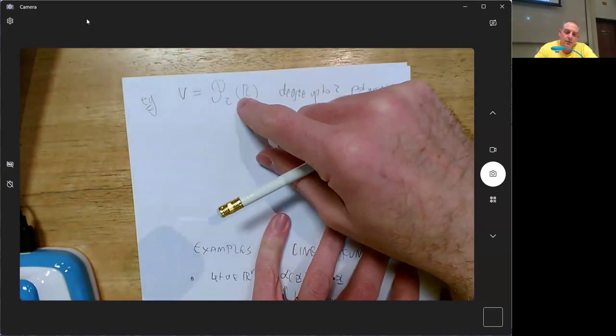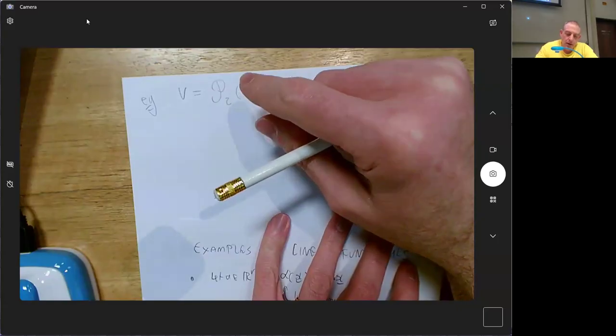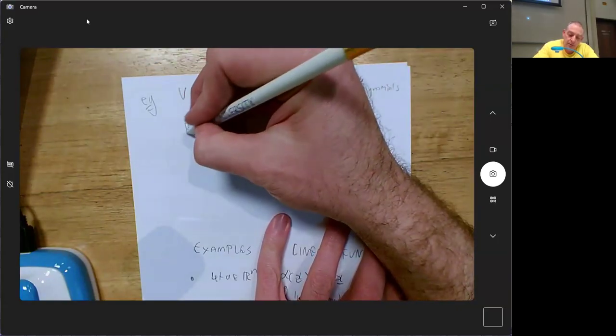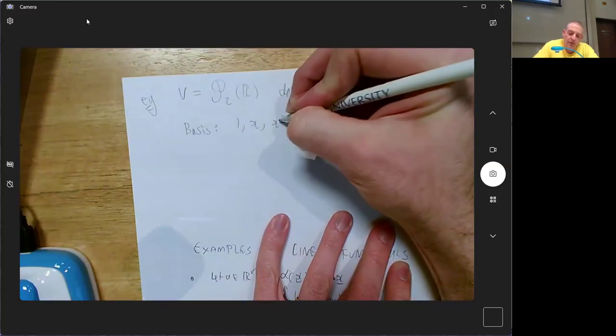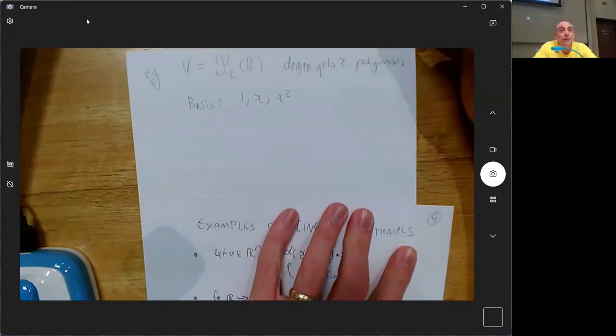So this thing I could choose as a basis 1, x, and x squared. That's a perfectly good basis, right?